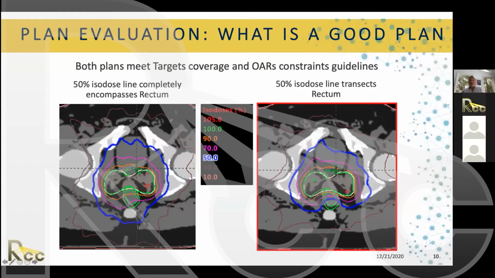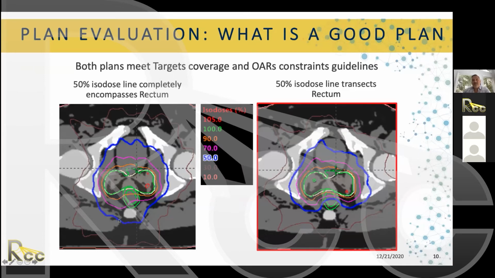Also, for example, there are these two plans. In both plans, we met all the constraints. This is a prostate case. We met all the constraints for the ORs and the target coverage, so both can go for treatment. But then we start thinking: here in the plan on the left, the 50% isodose line completely encompasses the rectum.